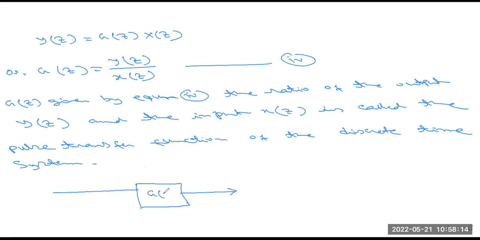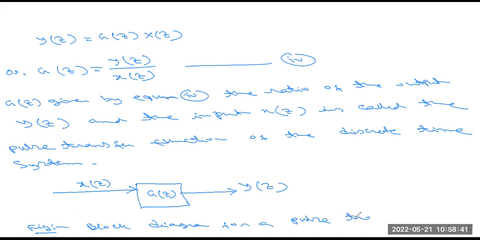So this is G of z, this is the input X of z, and this is the output Y of z. This figure is the block diagram for the pulse transfer function system.